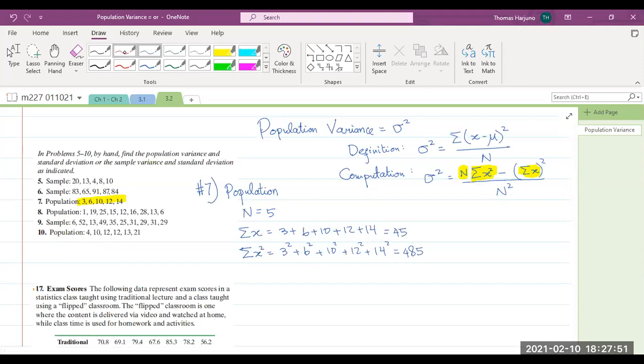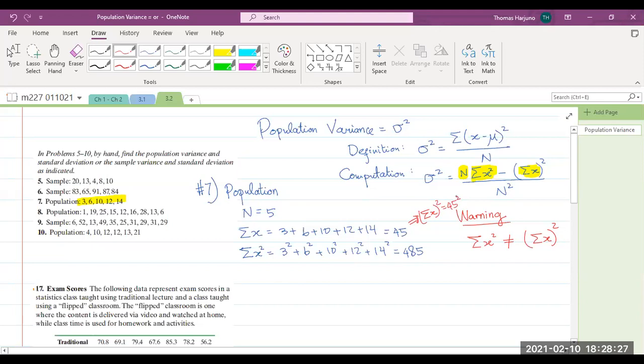Some warning. The sum of X squared is not the same as the square of the sum. When you square that 45, you get 2025. The sum of X being squared is 45 squared.